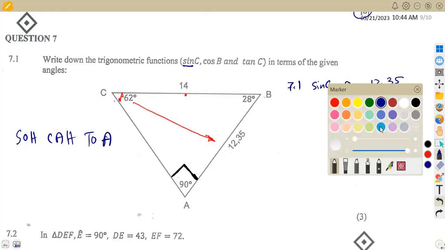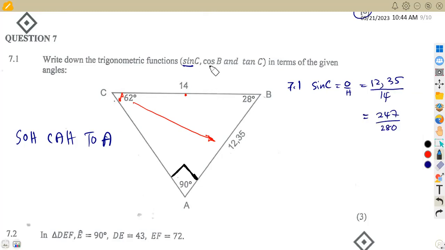Okay, let's check the other part of the question, which is cosine of B. From our ratio, cos is adjacent over the hypotenuse. If we are relating to B, we are now on this side. This is our B here. What is the adjacent according to B? The adjacent is 12,35, the one that is sitting with the 90 degrees in the same line.